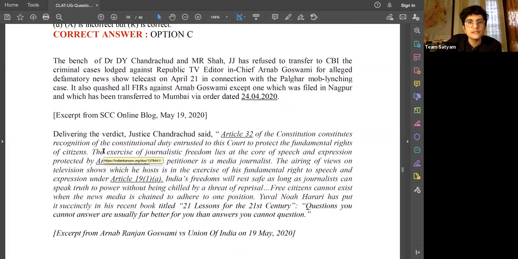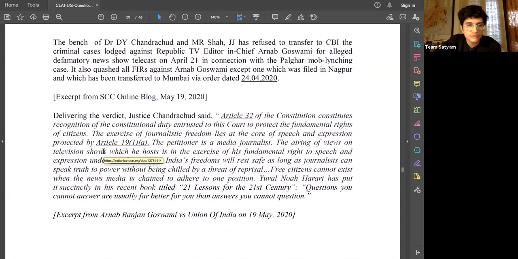The passage merely tells you about the Supreme Court refusing to transfer to the CBI the criminal cases lodged against Mr. Arnab Goswami, and the quashing of all FIRs except one, which was transferred to the Bombay jurisdiction.